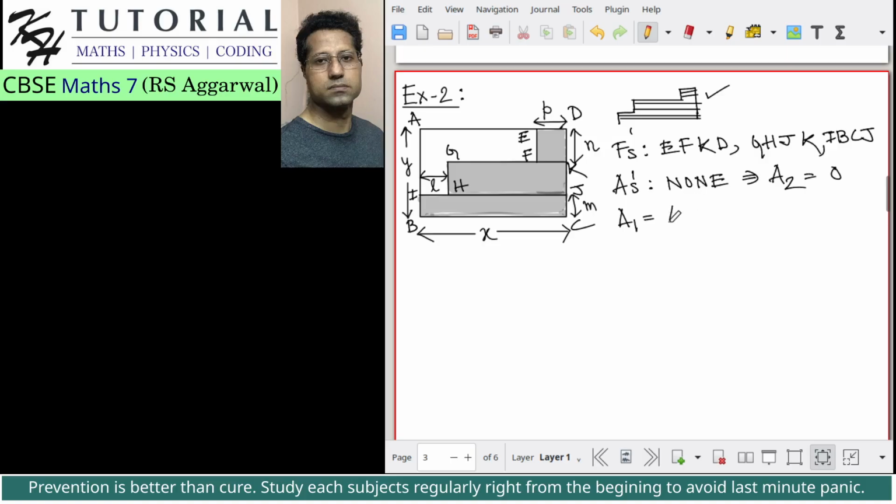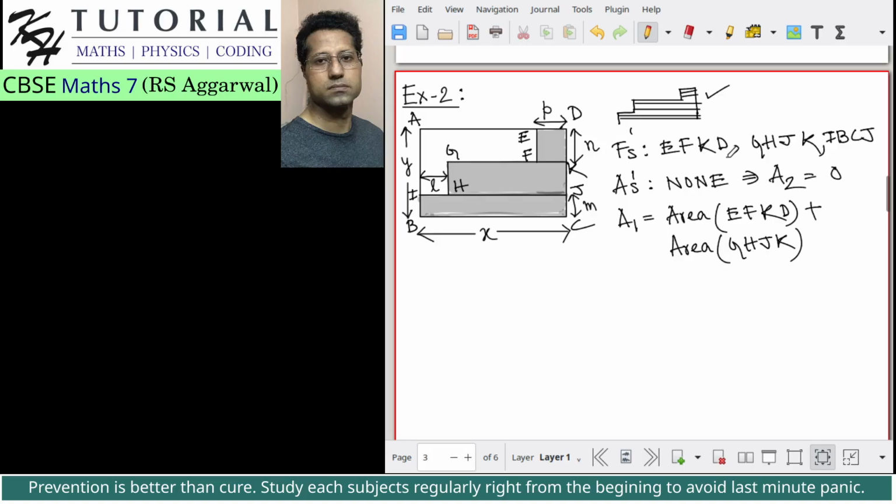So this will be the area of EFKD plus the area of GHJK. Please bear in mind that even though I have divided the shaded region into the rectangles EFKD, GHJK, and IBCJ, it should be possible.